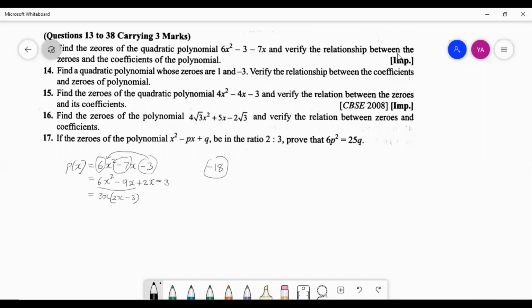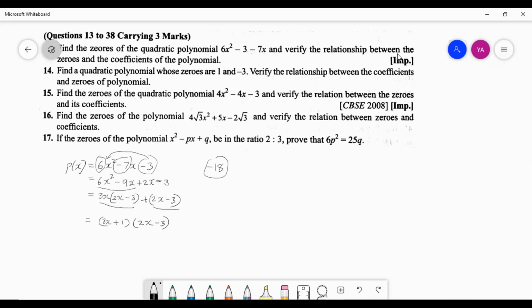Then the remaining term, plus 2x minus 3, same. Now two terms are here: 3x into 2x minus 3 and 2x minus 3. What can we take outside the bracket? 2x minus 3. Then what will be inside the bracket? 3x plus 1 will be inside the bracket, into 2x minus 3.